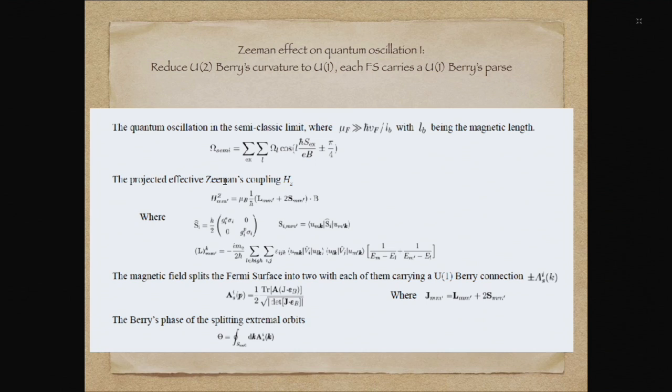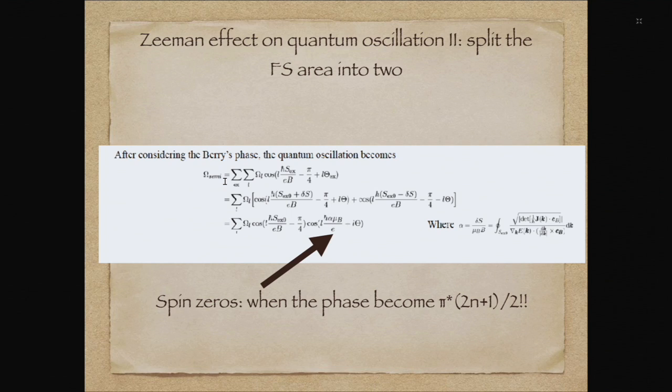So then at the extremal circle of that Fermi surface, the Berry curvature also splits into two numbers. One is plus theta and one is minus theta on that particular extremal circle.